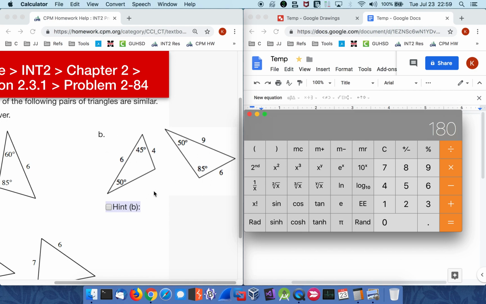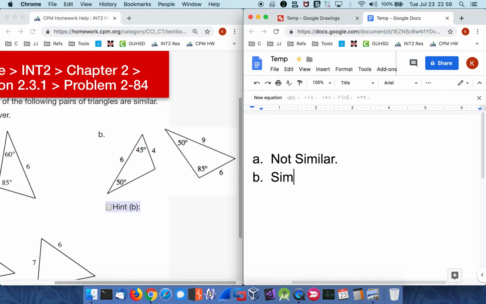Cool. So if all the angles are the same in the triangle, then all the sides must be similar. They won't be congruent necessarily. They won't be the exact same, but they will be a multiple of each other. Cool. So B, similar.